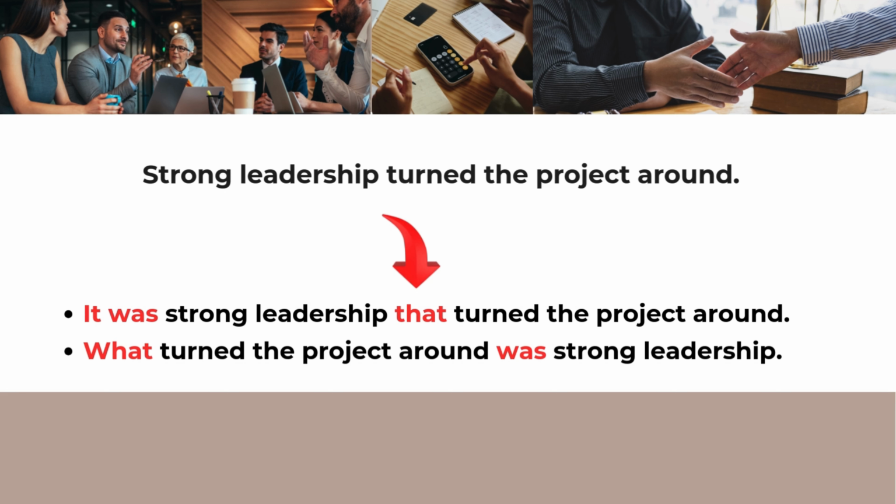Here's another one. Strong leadership turned the project around. If you want to highlight it, you can either say, it was strong leadership that turned the project around, or, what turned the project around was strong leadership.